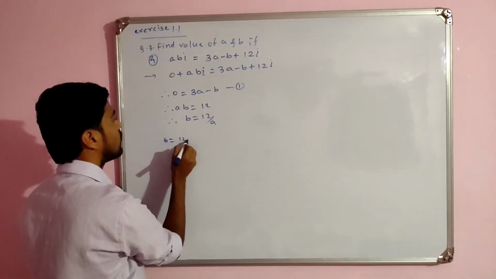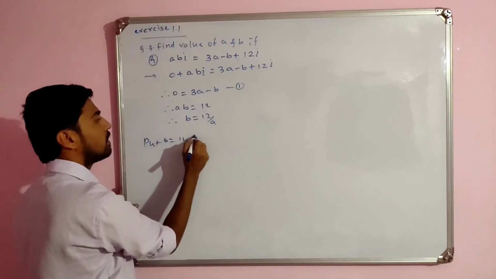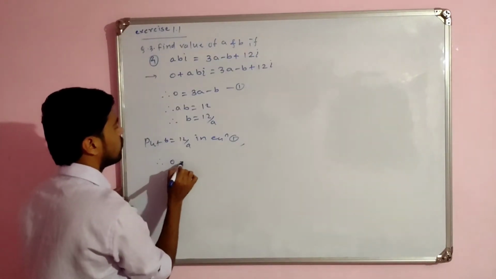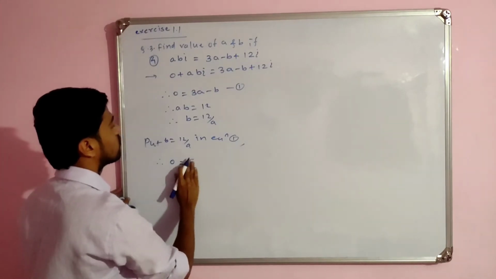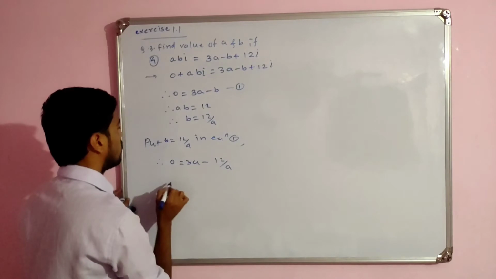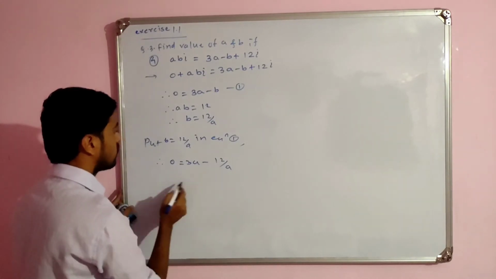Okay, so put b is equal to 12 upon a in equation number 1. So we will get 0 is equal to 3a minus 12 upon a. So suppose we multiply by a.